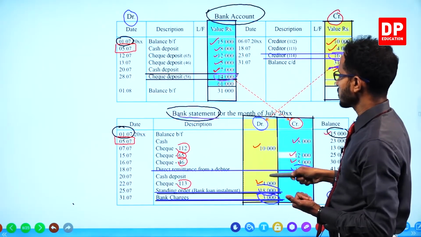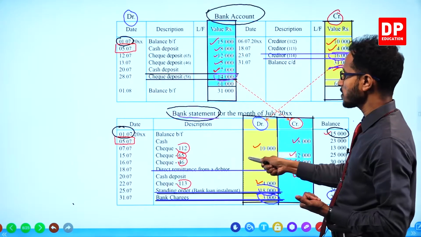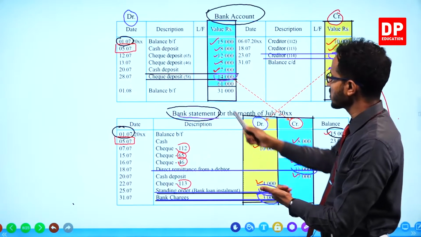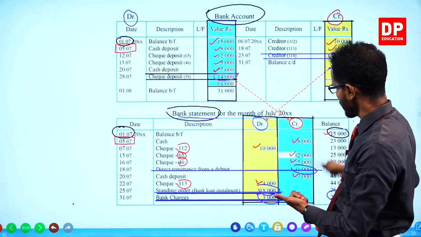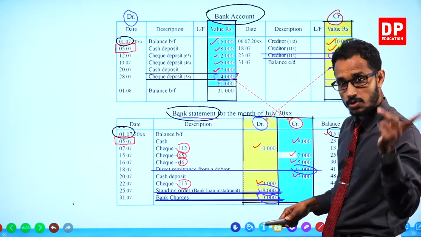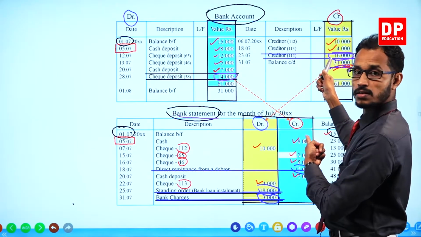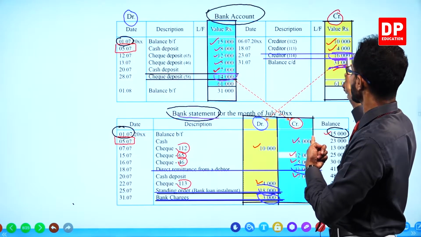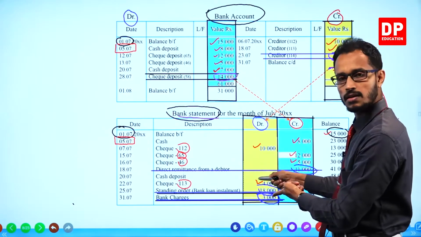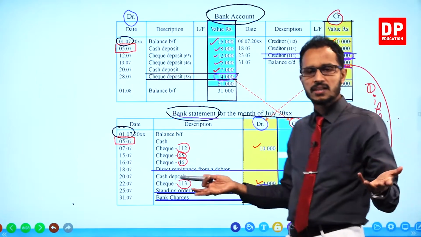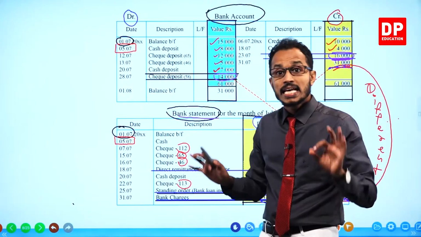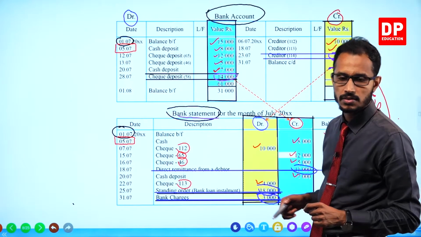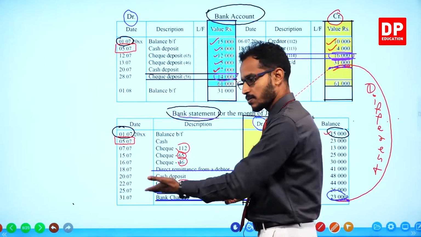See, in the bank statement, these checks were not appearing. They didn't appear. I'm talking about this check. It doesn't appear here. And I'm talking about this check. The 16,000 check. It doesn't appear here in the bank statement. These are the reasons in the bank statement.